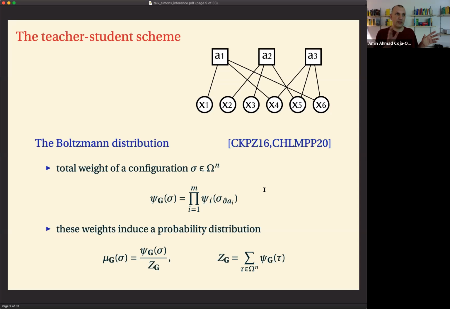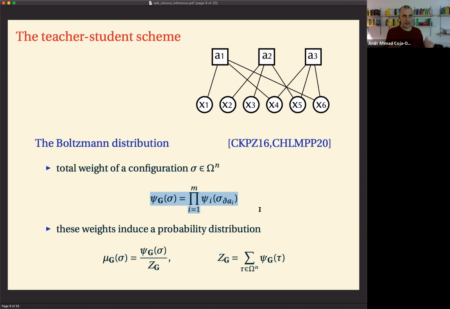Based on just this information, namely essentially just the weight functions, we can then define a probability distribution for this null model on assignments. So for any assignment or configuration, any value assignment of the n variables, we would define the corresponding weight simply as the product over all the individual factor nodes of the weight that that factor node assigns to the values under this assignment.